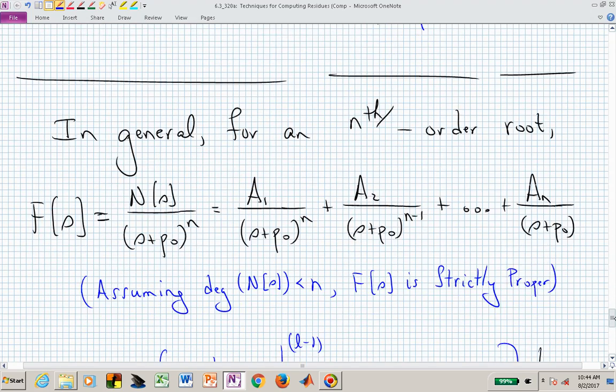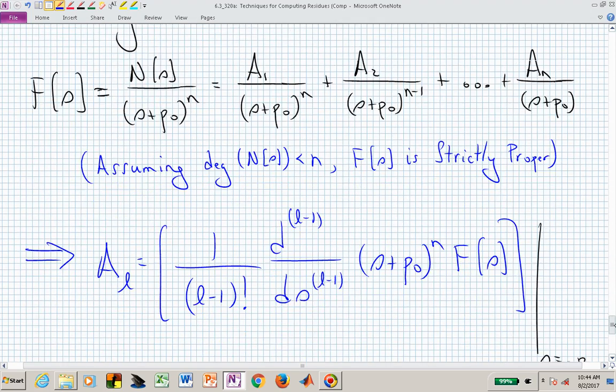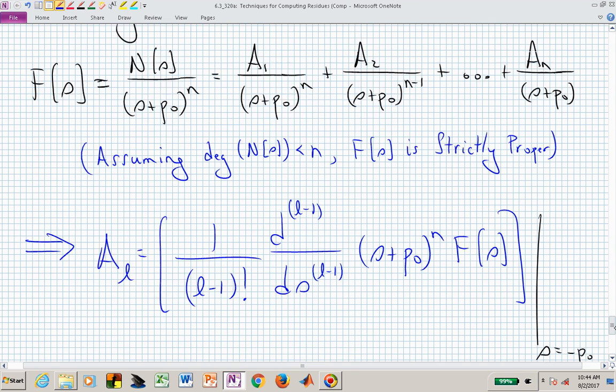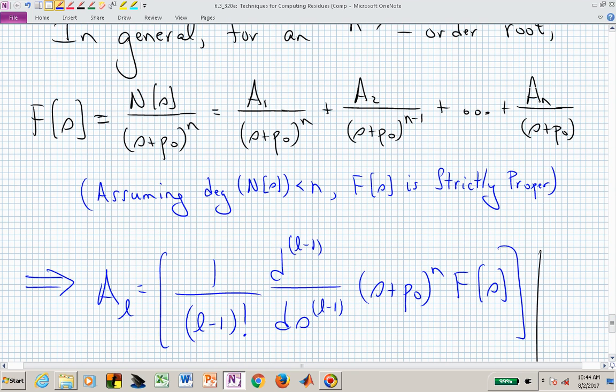In general, for an nth order root, this is the expression that will result. If we now have some numerator n of s, and again we're assuming that f of s is strictly proper, then we multiply through by s plus p0 to the nth power. We differentiate with respect to s, and the coefficients, or these residues, are ordered consistently with how we have put the factors underneath.